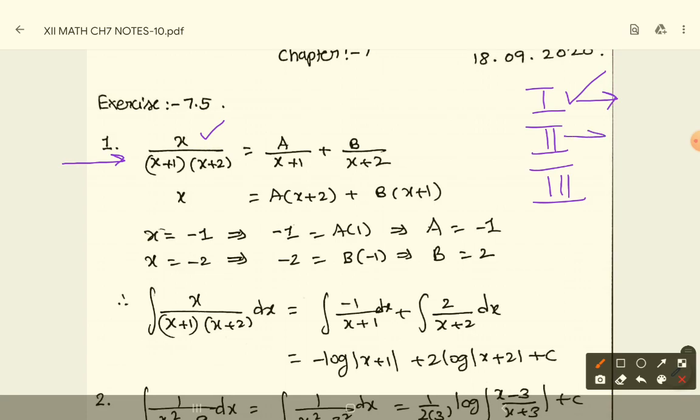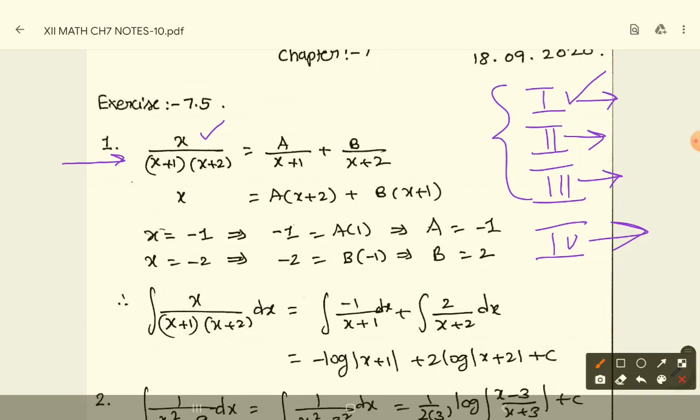The second type is where the denominator can be expressed as repeated linear factors as well as distinct linear factors. And the third is where the denominator has a quadratic expression which cannot be factorized into linear factors. So these are the three methods. After that, the fourth one, the mixed models, were explained in the previous video. You have watched it, and I hope you understood everything. So let me start with that session.